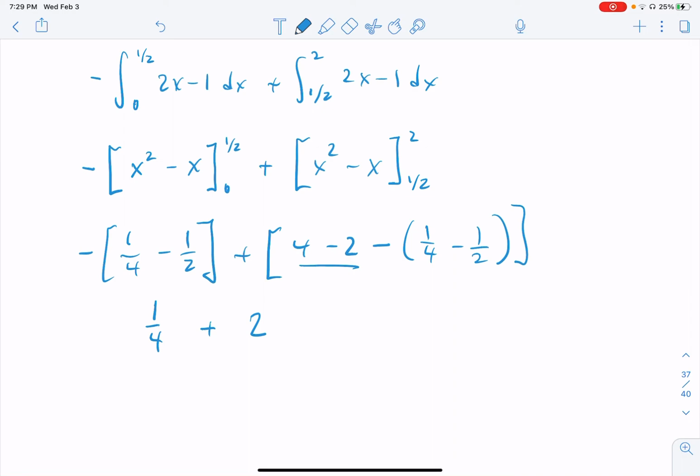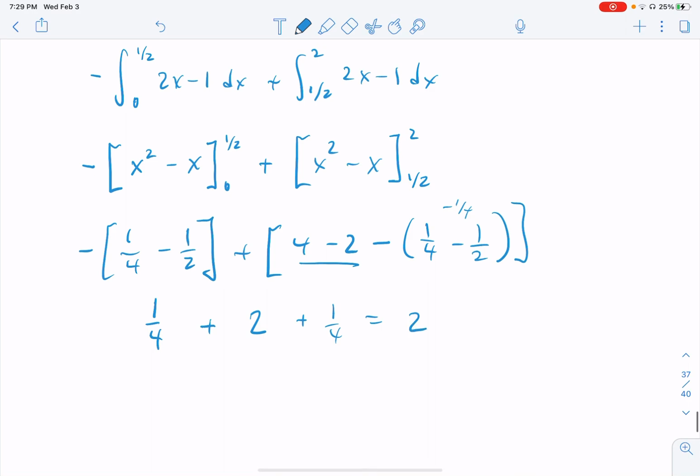We already know that that is equal to a negative 1/4, but distribute the negative sign to it makes it a positive 1/4. Add the 2/4 together plus the 2, I get 2.5. Convert that mixed number into an improper fraction. 2 times 2 is 4 plus 1 more is 5/2. I prefer it that way.